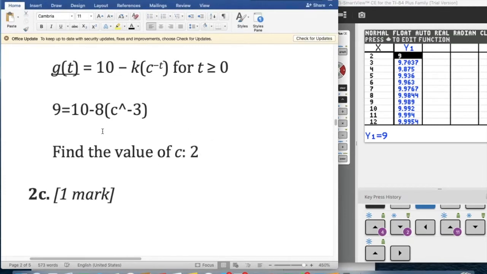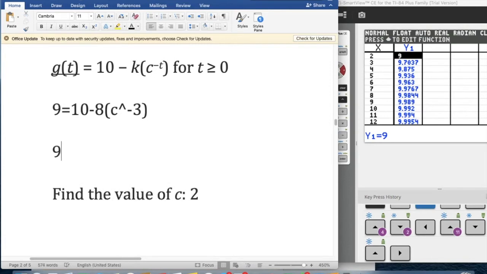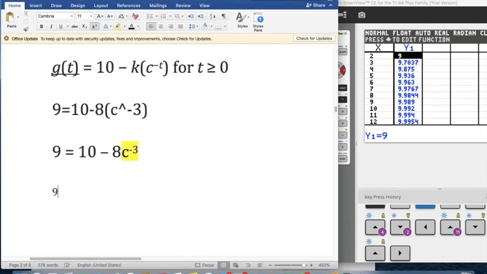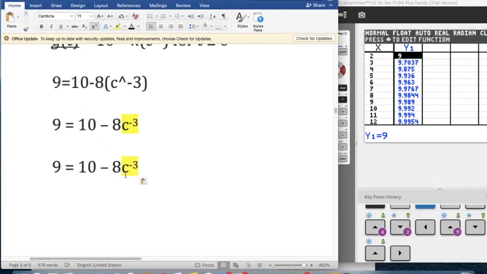The algebraic way of doing this would be to solve this equation with paper. So 9 equals 10 minus 8 times c to the power of minus 3. Now we've got to think of a way of writing c to the power of minus 3. A different way of writing this would be the following. If I copy all of this text, anything which has got a negative power, we can change it into a fraction.